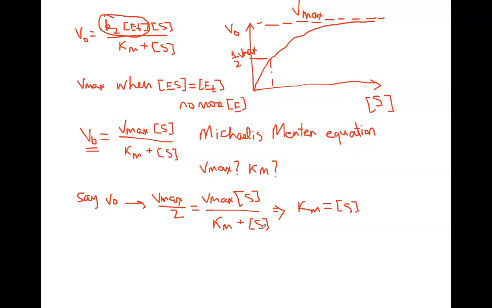So the interpretation of the Km that we should remember: Km is the substrate concentration at which the reaction rate is half maximal. You should write this down. I'm not going to write this down since I write pretty slowly, but write this down. So Km, the Michaelis constant, is the substrate concentration at which the reaction rate is half maximal. Okay, and it's right there.